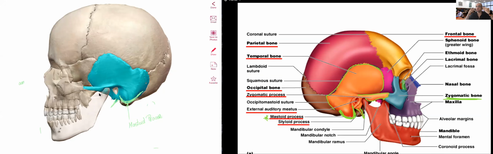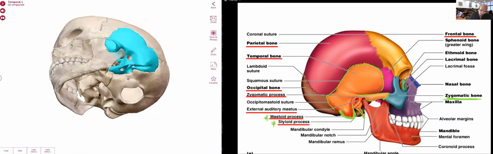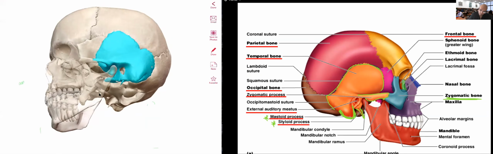You can't touch it. It's on the inside. This is called the styloid process. So remember, which one is mastoid, which one is styloid? The one that is thin, long, and pointed is going to be the styloid process.